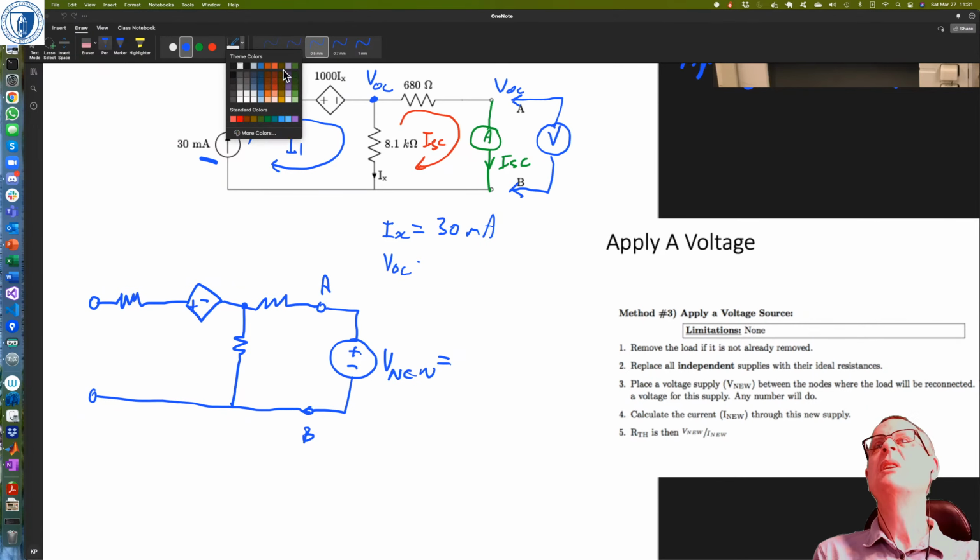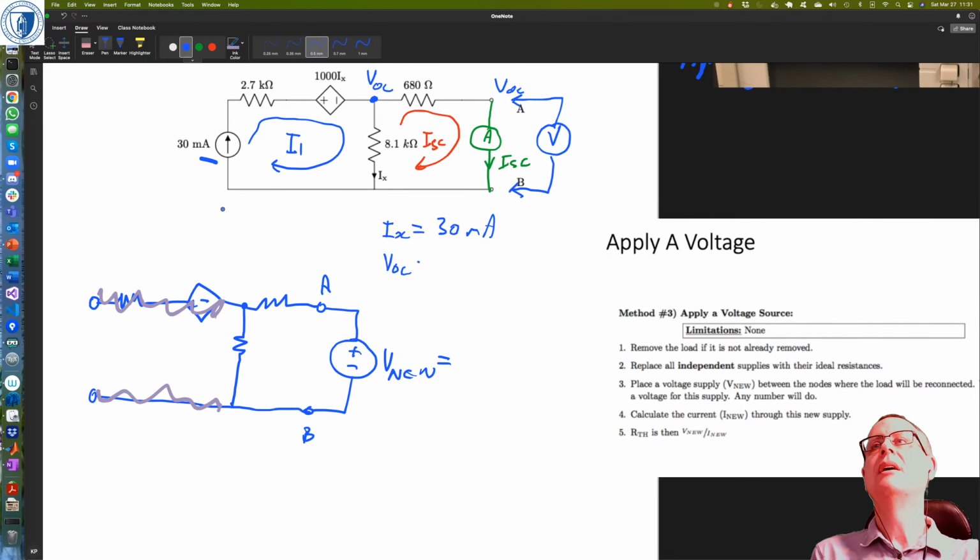So again, as I said earlier, we can basically ignore that part of the circuit and that part of the circuit. And what have we got? We've got an 8100, and we've got a 680 ohms. And I said my V new is 10 volts.